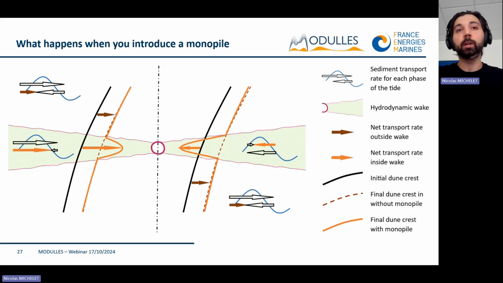However, when we have the monopile, inside its wake, the current during the flood period, when the currents are eastward, will be highly reduced. So the sediment transport inside the wake of the monopile will be highly reduced for this part of the dune crestline. And when the tidal current turns and goes westward, the current will push this part of the crestline towards the monopile. On the opposite side, the opposite happens, but it's similar.